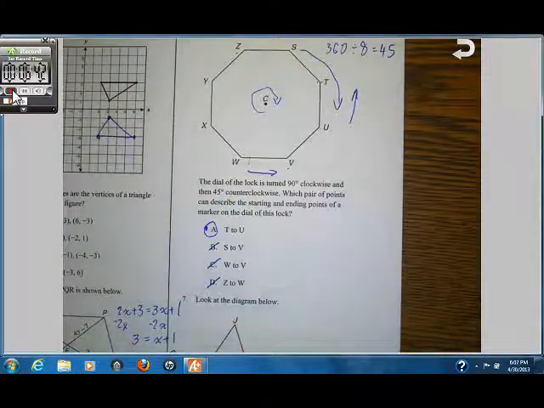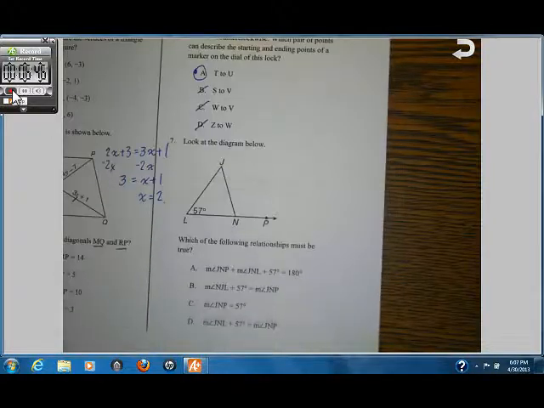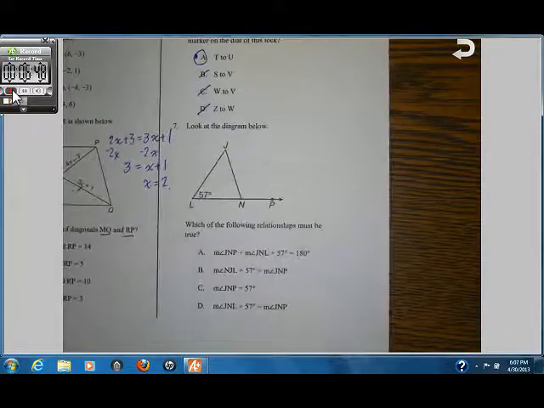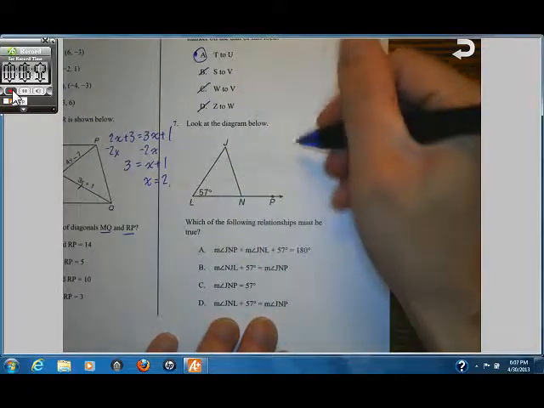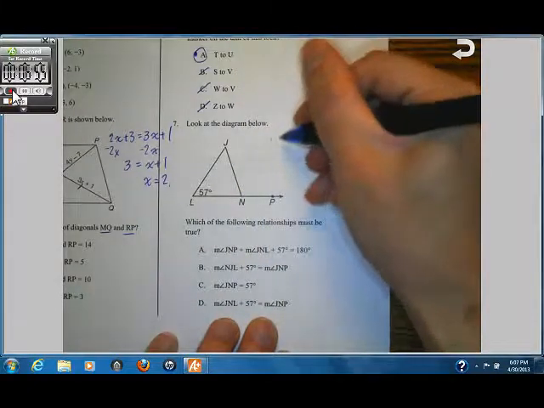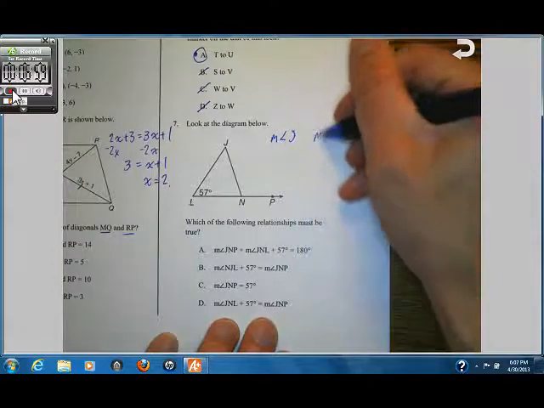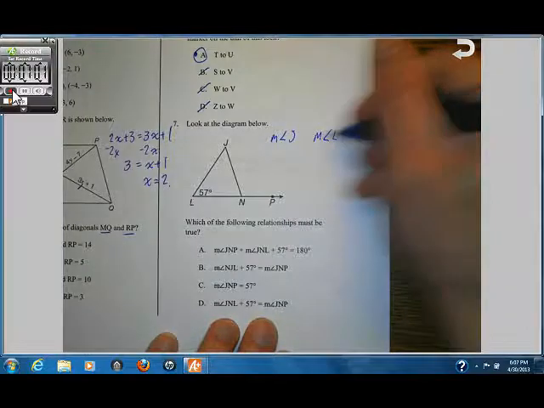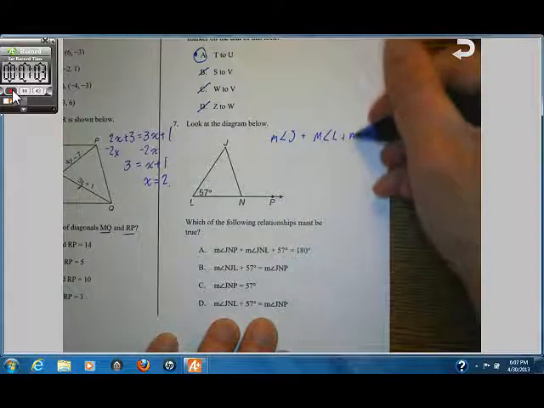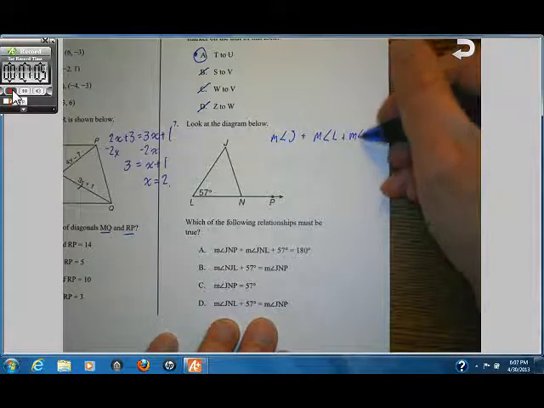Number 7 requires you to have a pretty good, firm understanding of geometry. There are 2 facts that you have to have. One is that the measure of angle J and the measure of angle L, plus the measure of J and L, those all add up to 180.